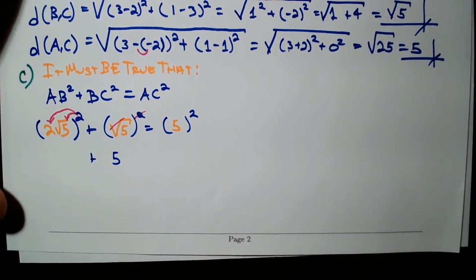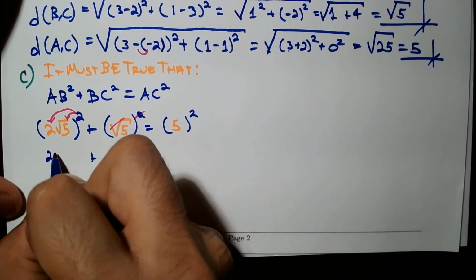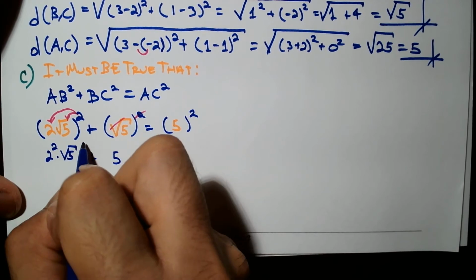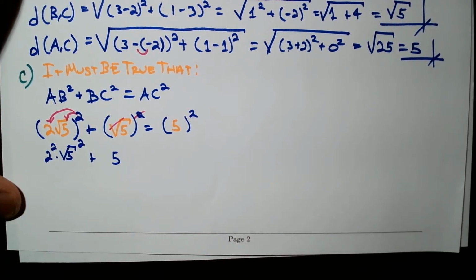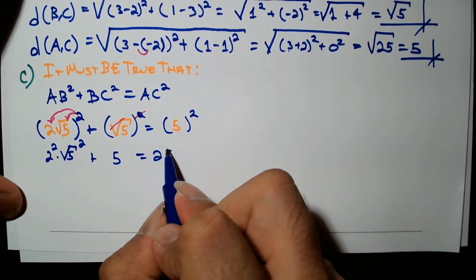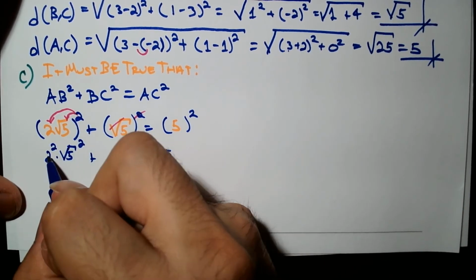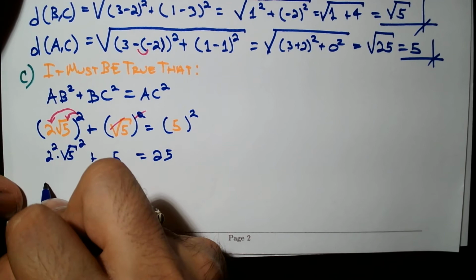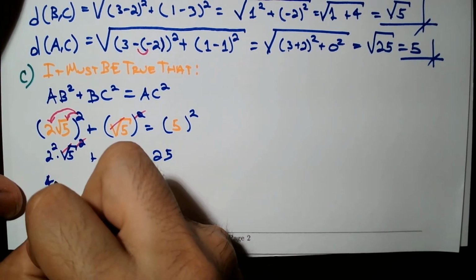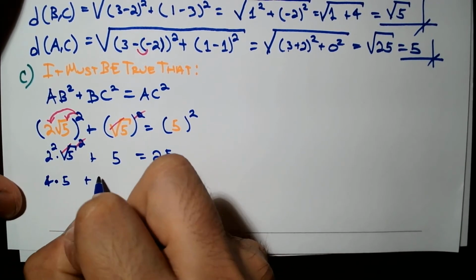Alright, so this is going to be 2 squared times the square root of 5 squared. Okay, and 5 squared equals 25. So what is 2 squared? 2 squared equals 4. And in this case, the radical cancels the square, and that's going to be times 5, plus 5.